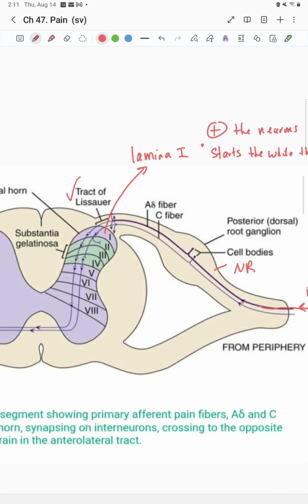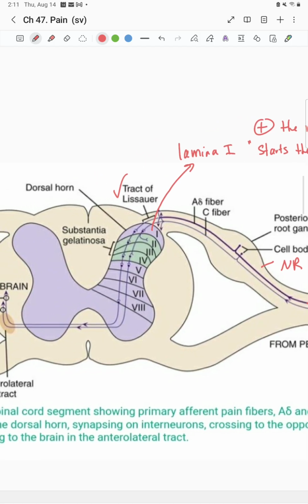Lamina 2, 3, and 4, you'll notice, are green. Collectively, this is called the substantia gelatinosa.